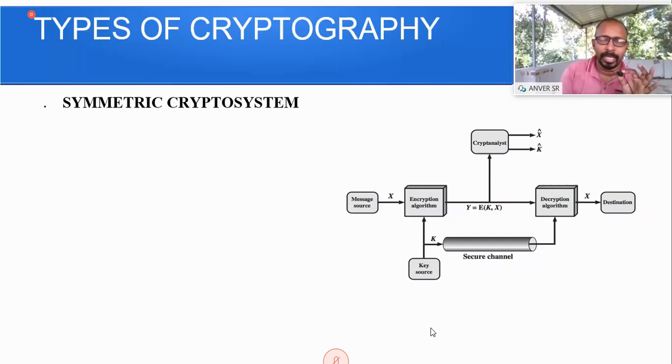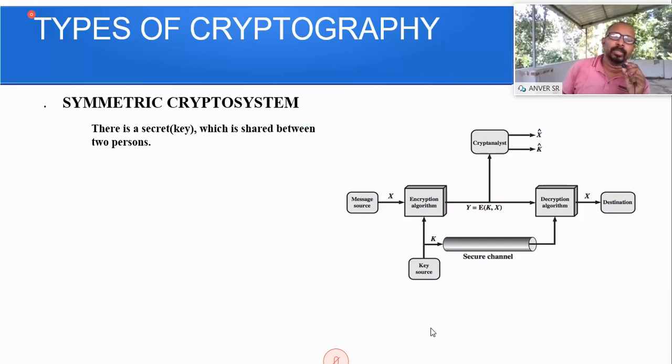So in symmetric crypto system, why is it called symmetric crypto system? For converting the plain text to ciphertext, we are using a key. That is, the conversion is done using a key. In a crypto system there are two processes. From the sender side, the sender converts the plain text to ciphertext. That process is called encryption, and this ciphertext is passed through an unsecure channel.